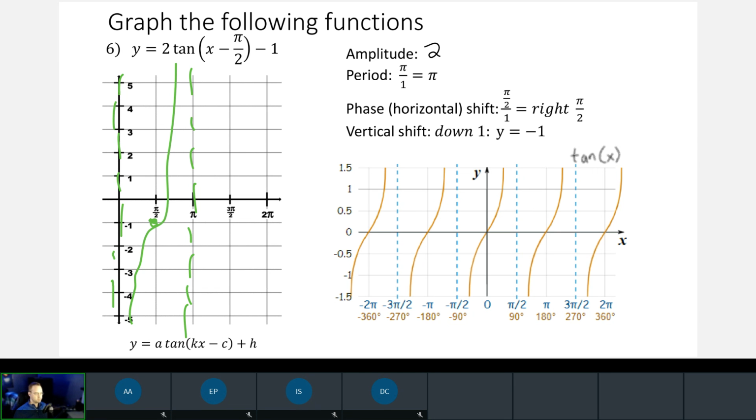I do too. I think it's pretty good. It's easy to see that he had a horizontal shift. So he moved this asymptote and this one to the right, pi over 2. And then he took this point. He went right, pi over 2, and down 1. So that's what he did. Very good.